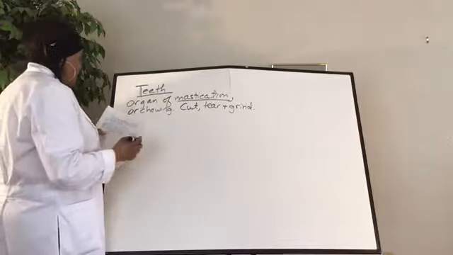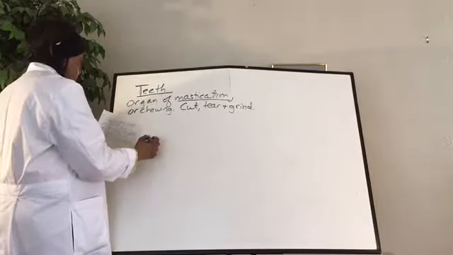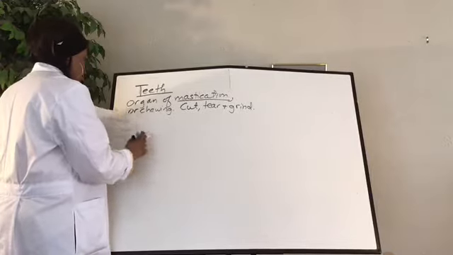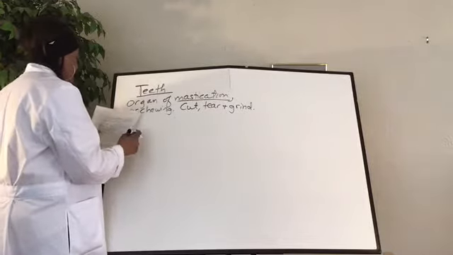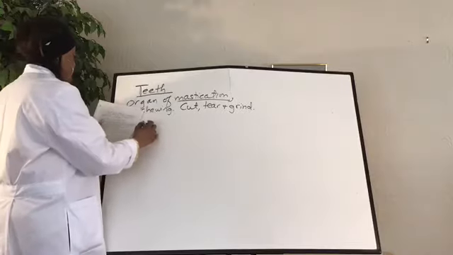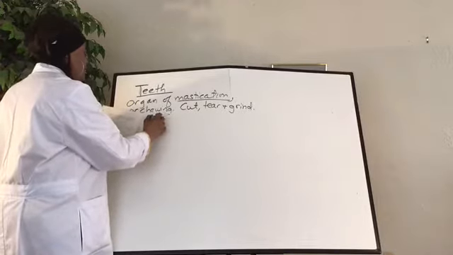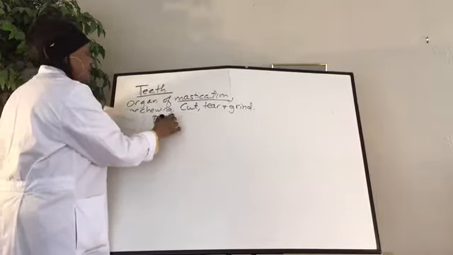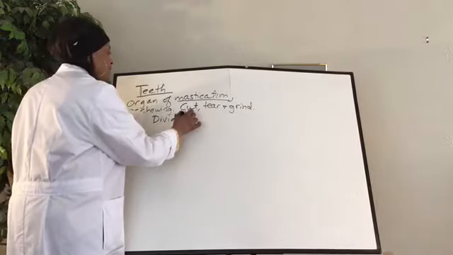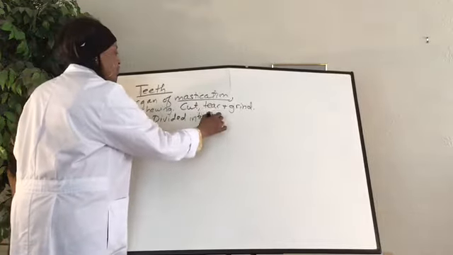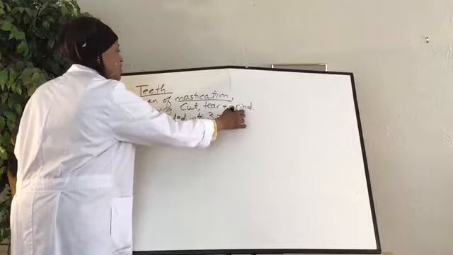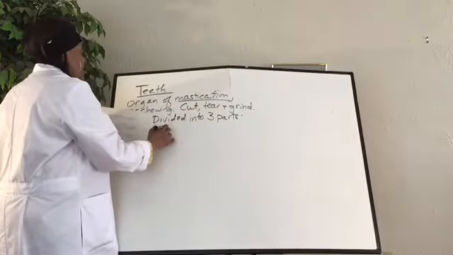So the tooth is made up of a crown. The tooth is divided into 3 parts, and this is where I want you to go to your text to make sure you look at this.